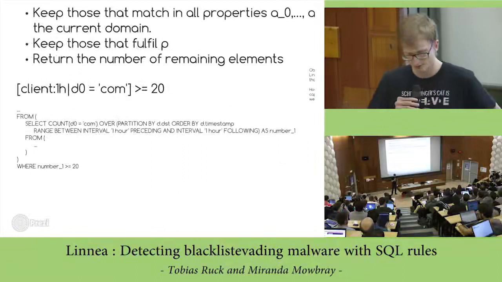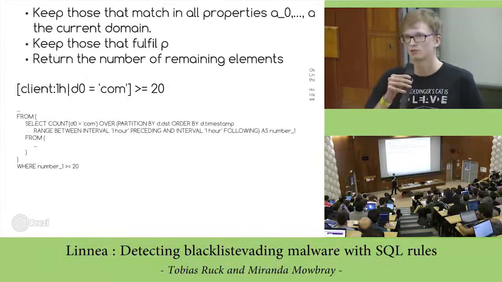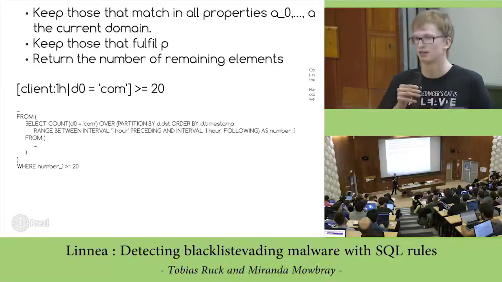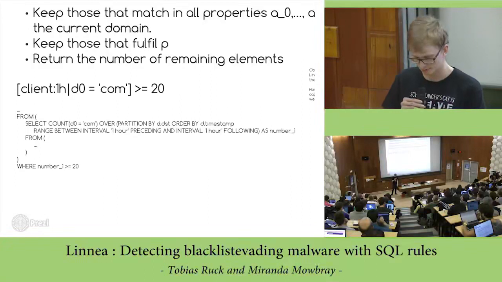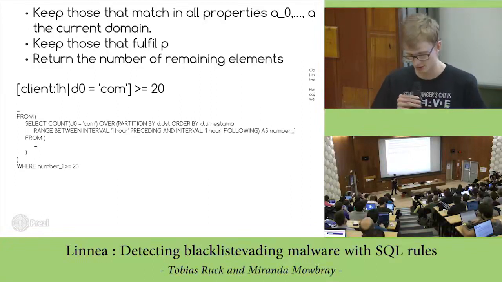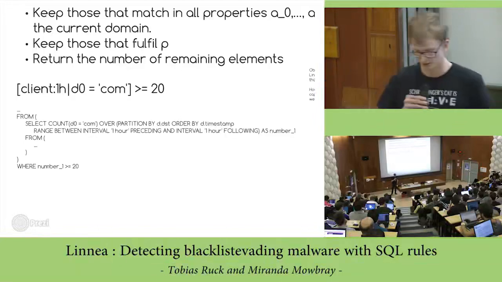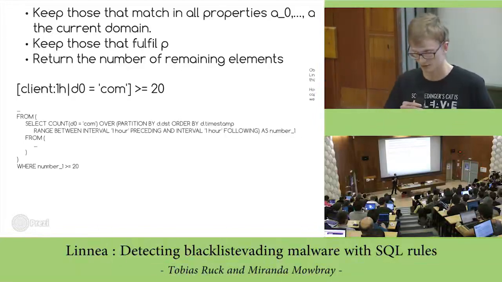This syntax here says that there should be at least 20 domains within 1 hour forward and preceding per client that have the suffix .com. So if we compile this to SQL, you can see that it's a lot more complicated.